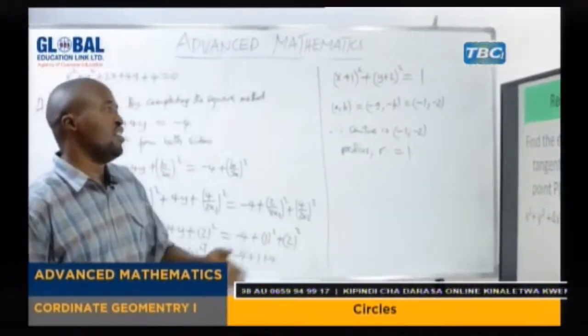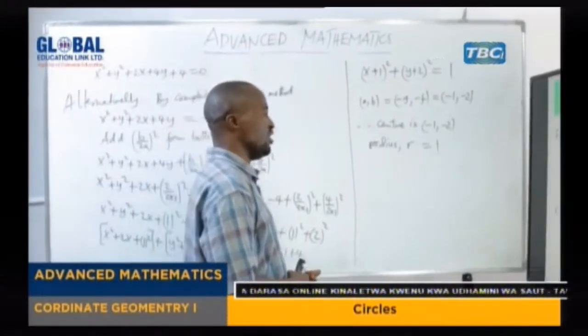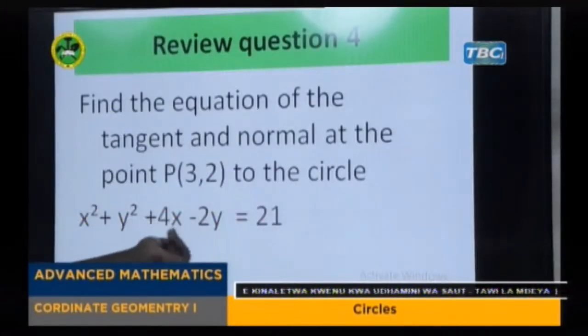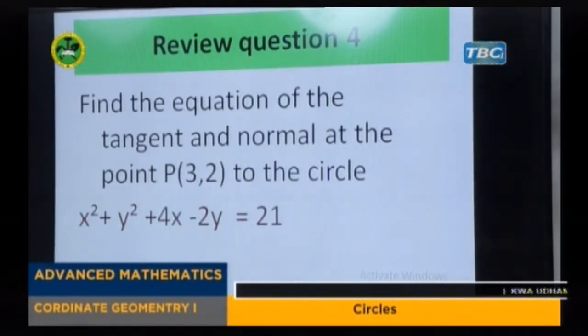So my dear student, we have the review question. So the review question is about to find the equation of the tangent, but again, the equation of the normal at the point P(3,2) to the circle x squared plus y squared plus 4x minus 2y is equal to 21.